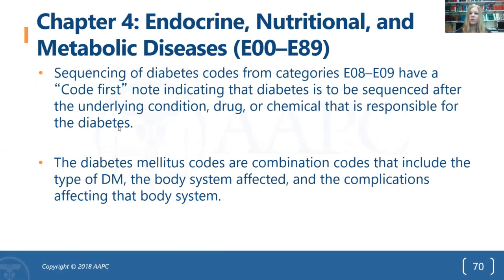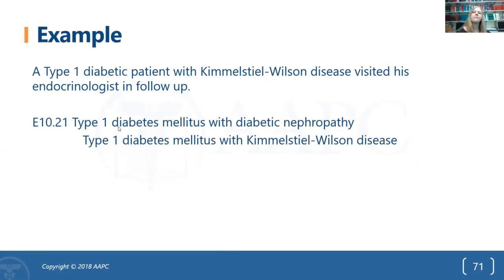So the combination codes might actually simplify the number of codes that we're going to be submitting. So let's look at an example. A type 1 diabetic patient with Kimmelstiel-Wilson disease visited his endocrinologist in follow-up. The diagnosis would be E10.21, which is for type 1 diabetes mellitus with diabetic nephropathy, which includes Kimmelstiel-Wilson disease.